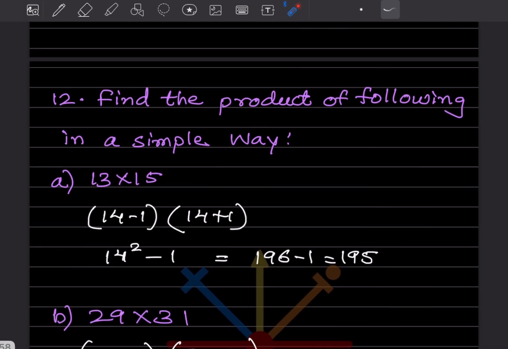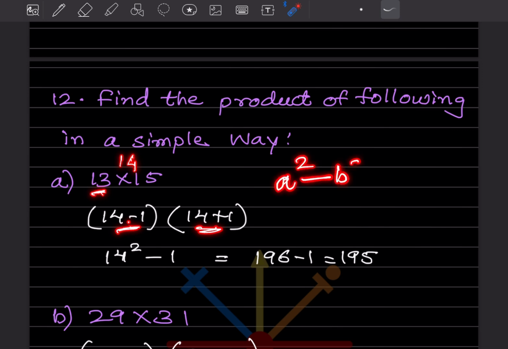Find the product of following in a simple way. So now you can see, we are not going to multiply it directly. So 13 into 15. There is a number in between, this is 14. So what we can do is for 13, we can write 14 minus 1 and here we can write 14 plus 1. We can do that because we have the property a square minus b square is a minus b and a plus b.